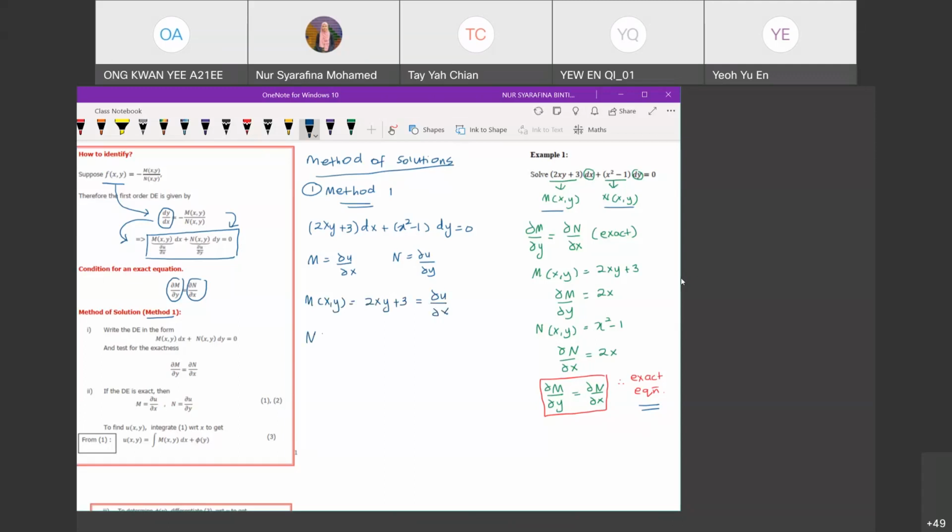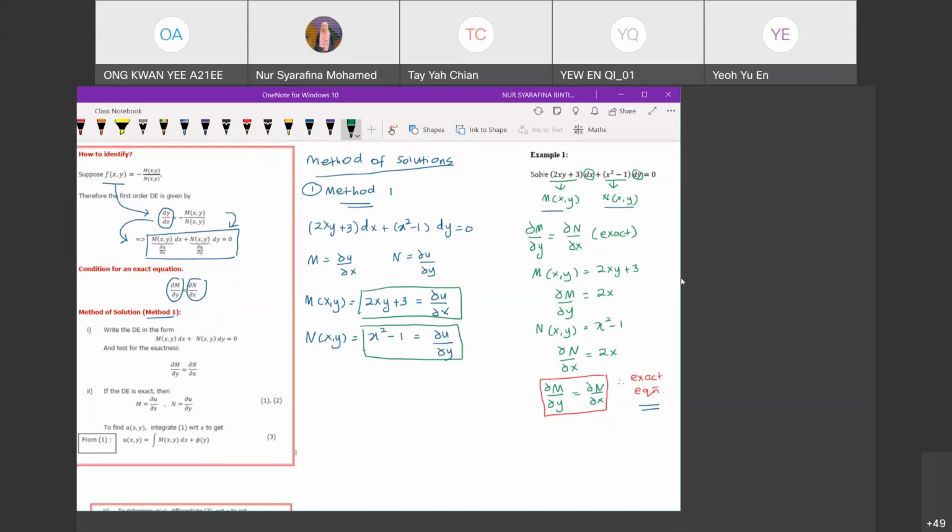And N, which equals x squared minus 1, is del u del y. So we identify what our del u del x is and what our del u del y is. We just create del u del x out of M and del u del y out of N. Okay, clear.